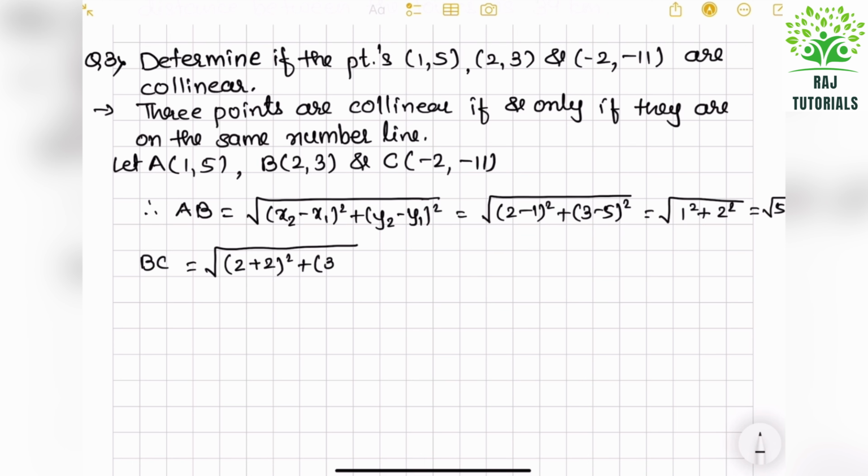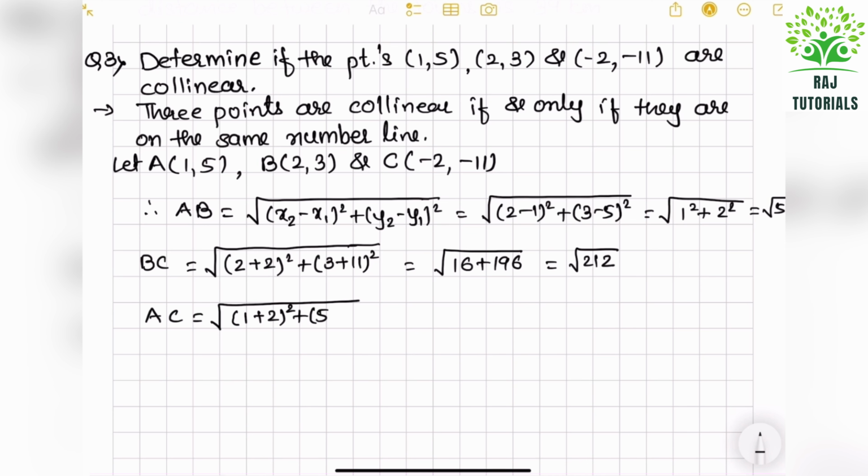So 2 plus 2 whole square plus 3 minus and minus 11. So plus. So this comes as root 16 plus 196, root 212 and AC equal to 1 minus of minus 2.